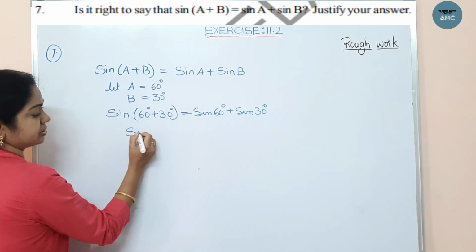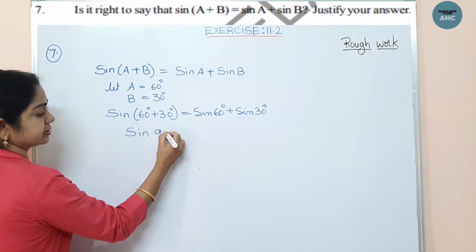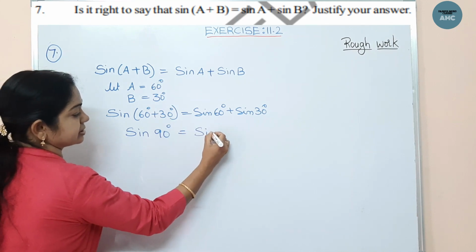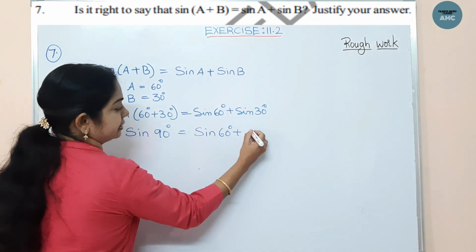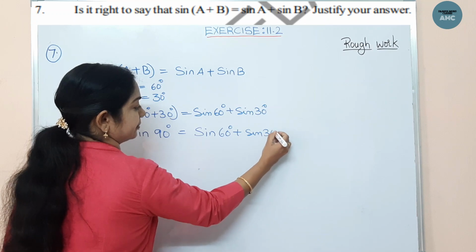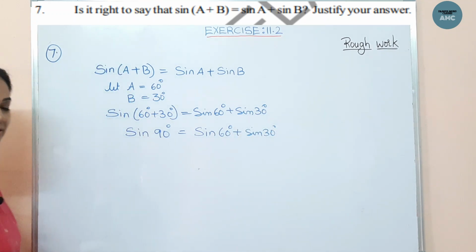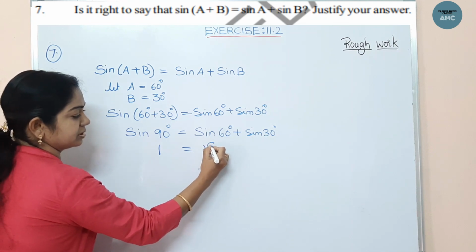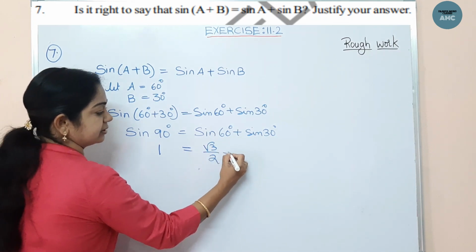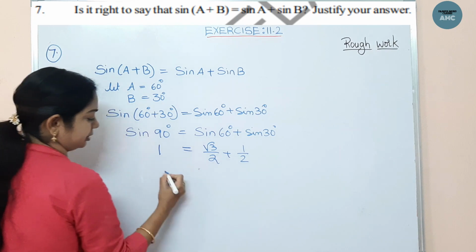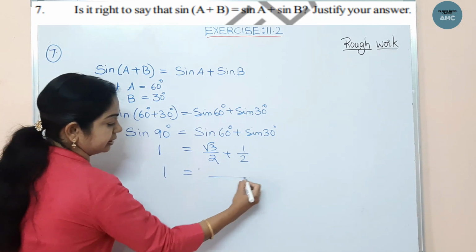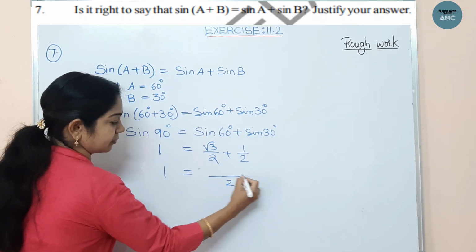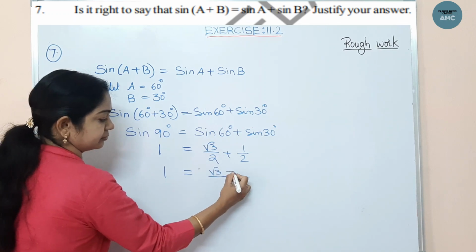This equals sine 90 degrees is equal to sine 60 plus sine 30 degrees. Now we will substitute the sine values. Sine 90 degrees is 1 and sine 60 is root 3 by 2 plus sine 30 is 1 by 2. Taking the LCM, root 3 plus 1 by 2.